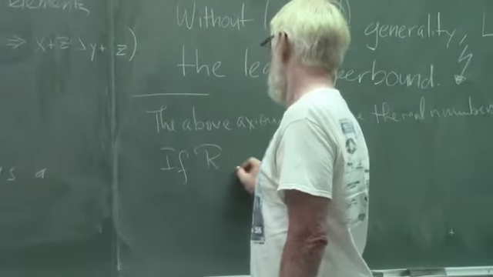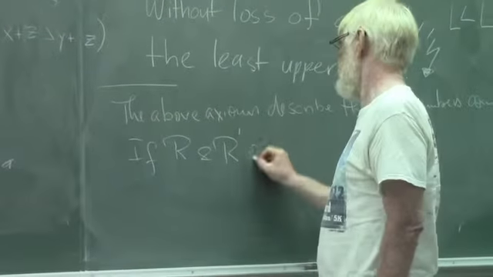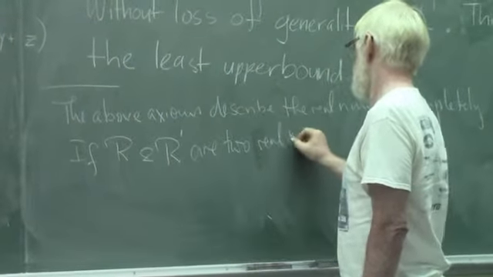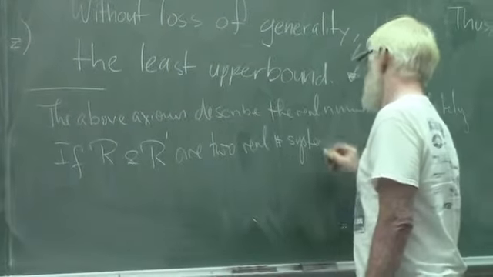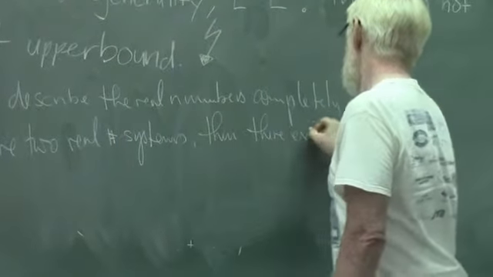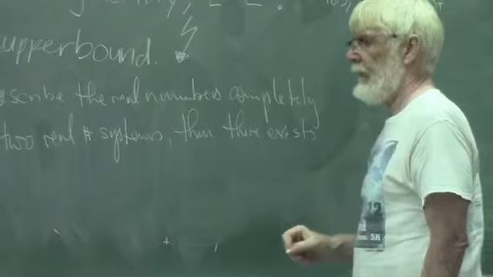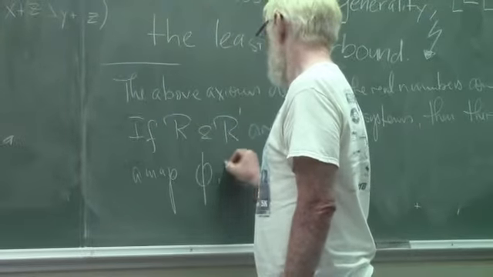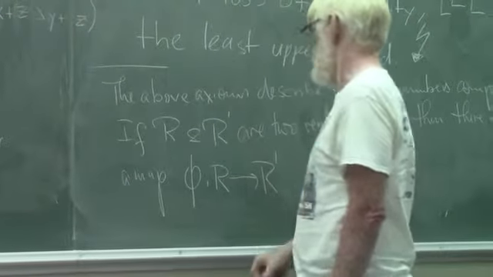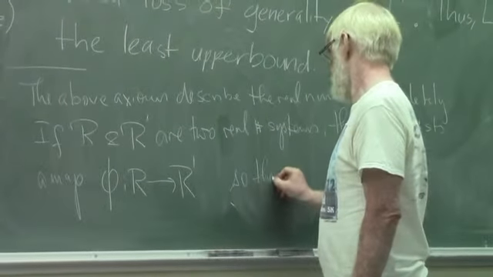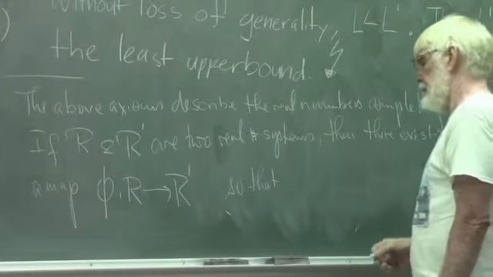In other words, if R and R prime are two real number systems, then there exists a map phi from R to R prime so that phi is linear.